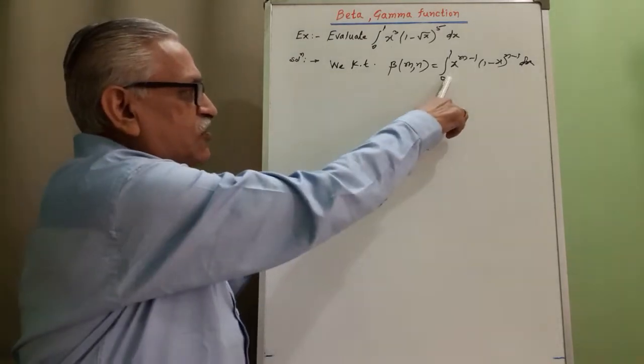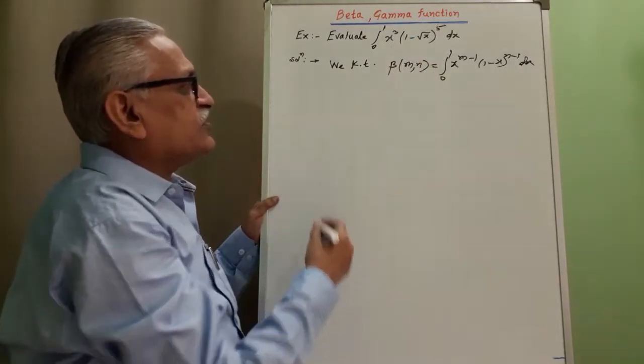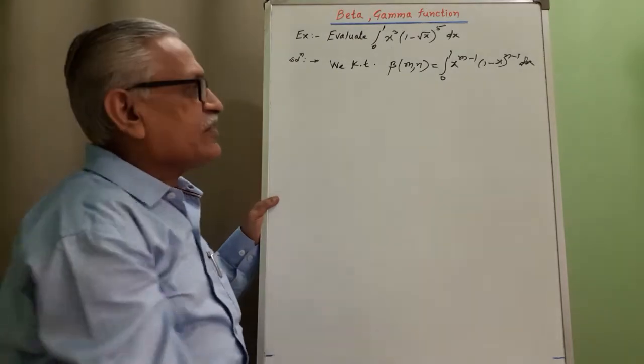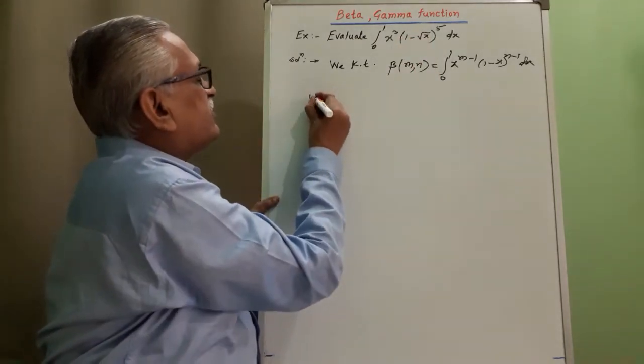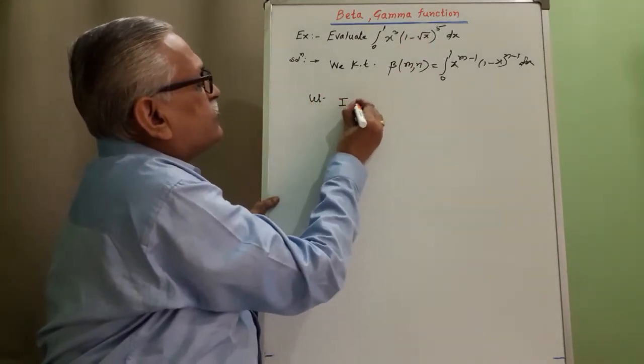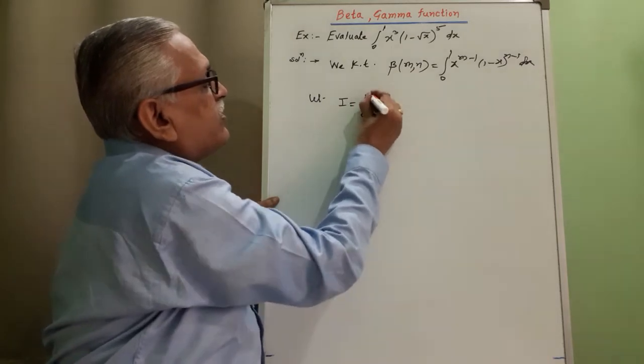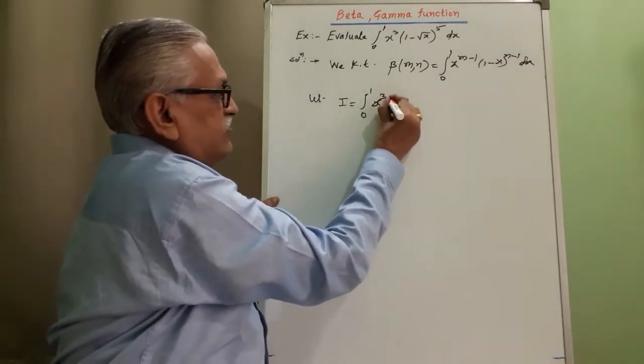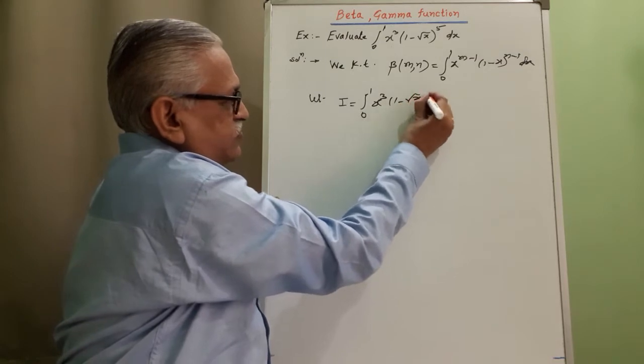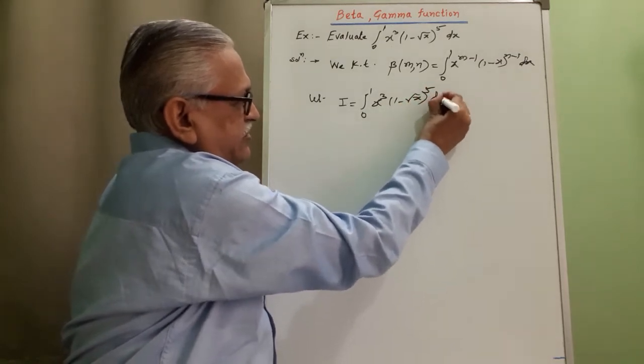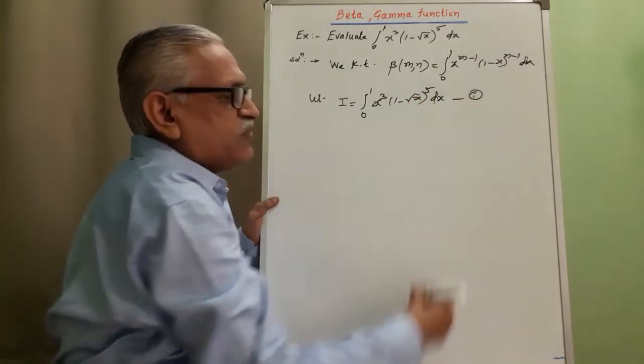Therefore, to obtain this form we have to substitute root x as t. But before that, let I equal the integral from 0 to 1 of x cube (1 minus root x) raised to 5, with respect to x, as equation 1.